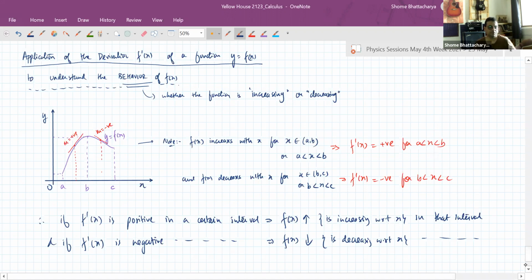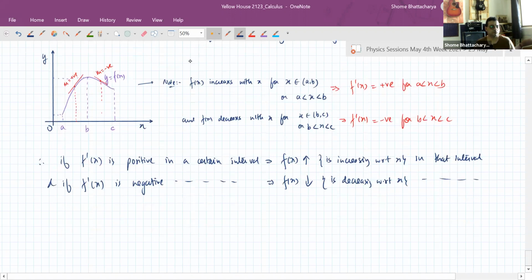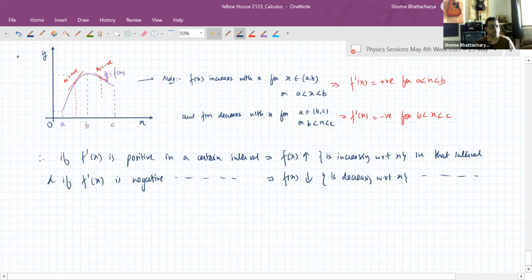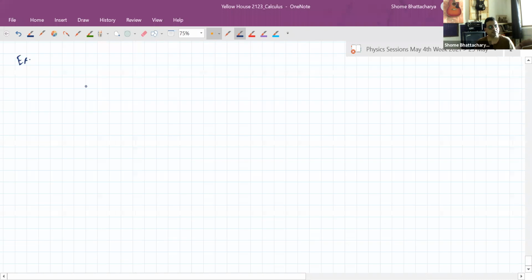As a quick example, let's see something. Suppose y is equal to x cube minus 3x. Now we don't know the graph of the function, but we can understand that for smaller values of x, like 0.5 or 0.25, the 3x term dominates over the cubic term, so it's a decreasing kind of graph.